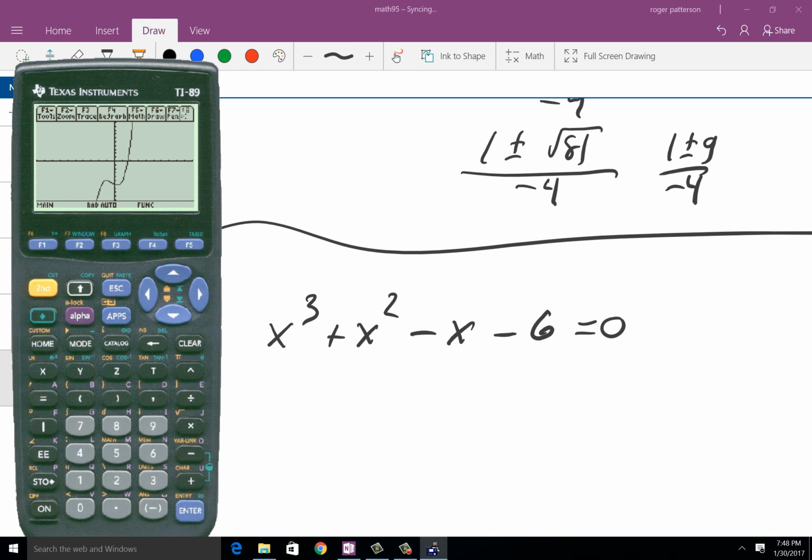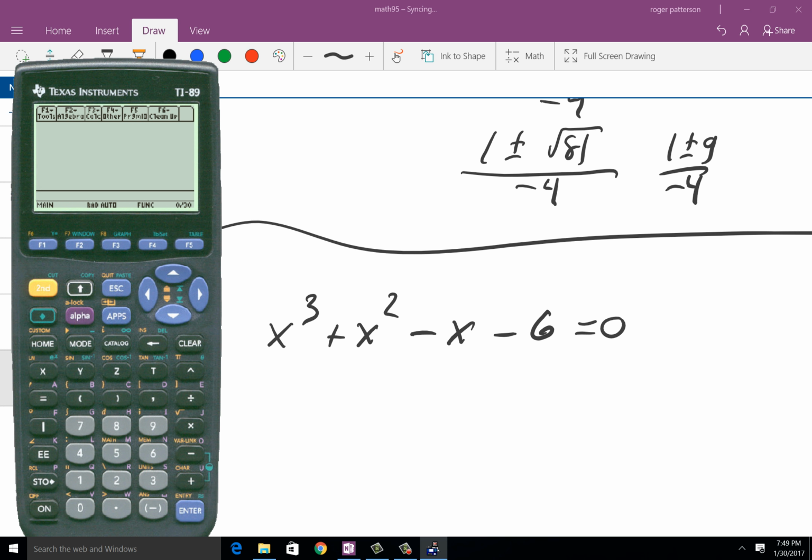Okay? So what I'm going to do is switch a little bit here. I want to take a look at some of these cubics, and I want to take a look at some of these 4th degrees. Let's just enter them like this. Y equals.